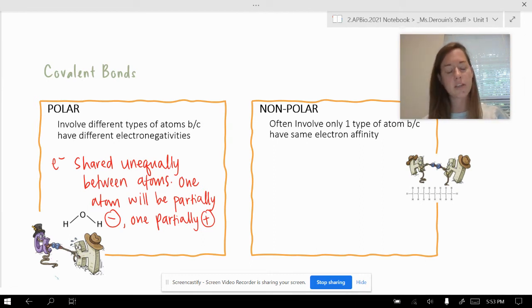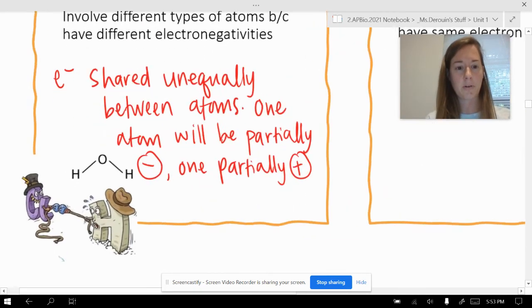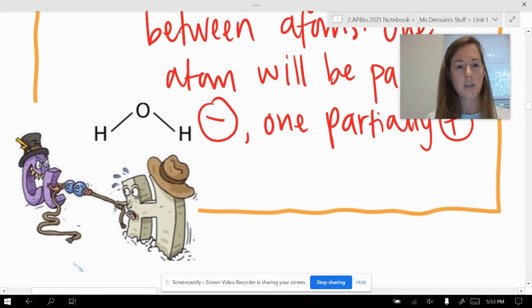One important thing just to say is that the entire molecule will be neutral. So the whole thing is not positive or negative. The entire thing is neutral, but within the neutral molecule, there are regions of it that are more negative or more positive, even though the entire thing is neutral at the end of the day. So here's an example with water.